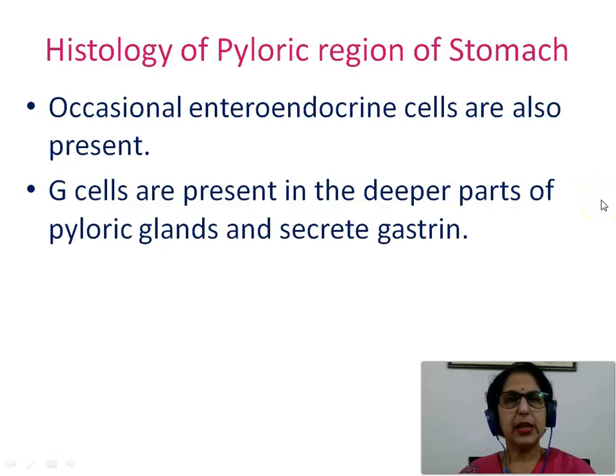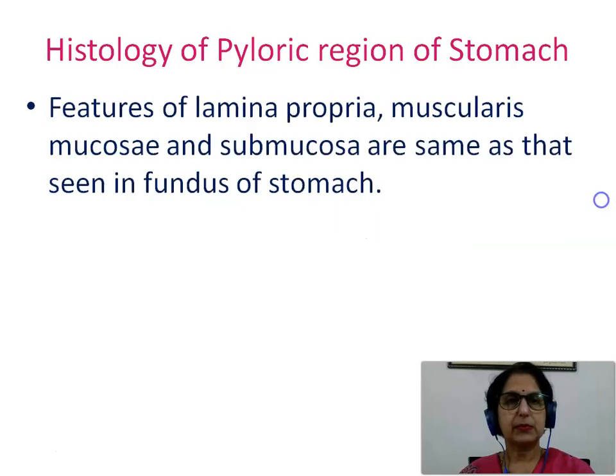Occasionally, enteroendocrine cells are also present. G cells are present in the deeper parts of the pyloric glands and secrete gastrin. The features of the lamina propria, muscularis mucosae, and submucosa are the same as that seen in the fundus of stomach.